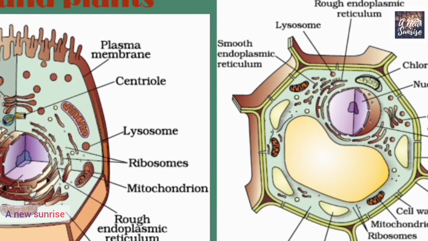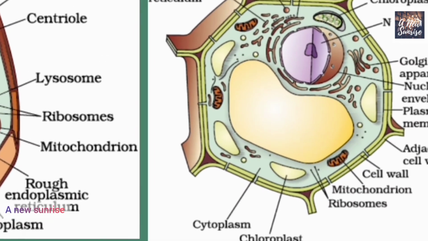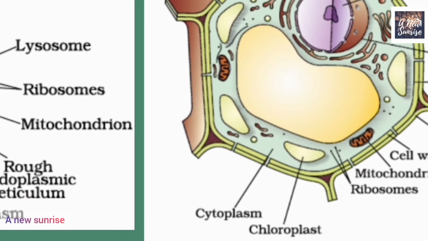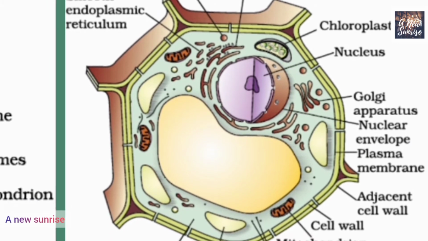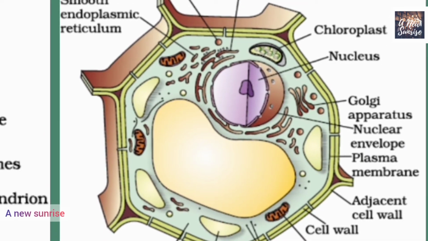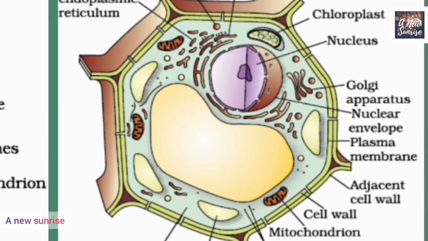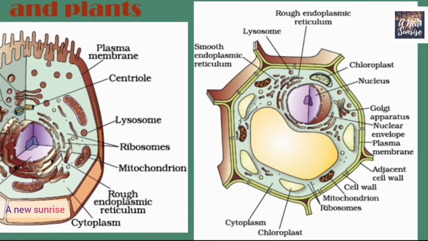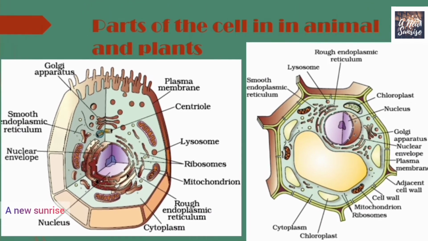Now let us go towards the plant cell. A plant cell has cytoplasm, Golgi apparatus, nucleus, nuclear membrane. It also has a cell wall. This is the difference between plant and animal cell, that a plant cell has a cell wall but an animal cell does not have.